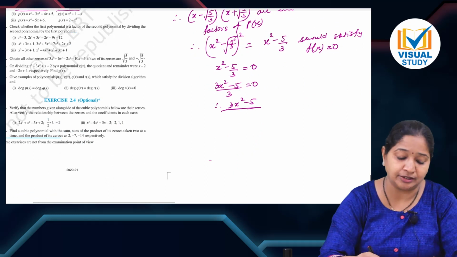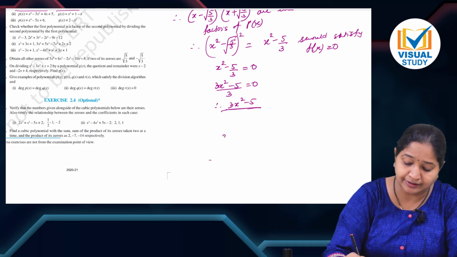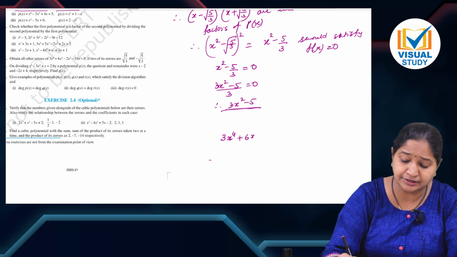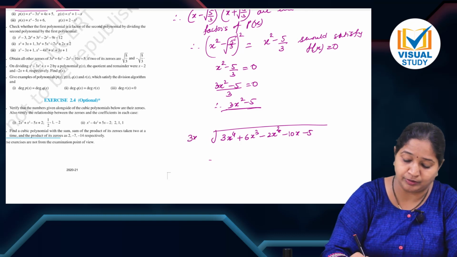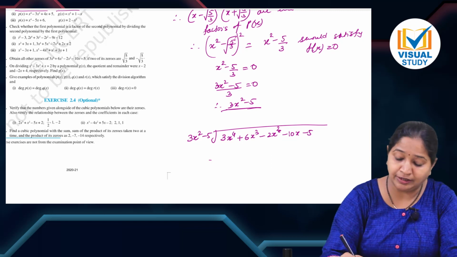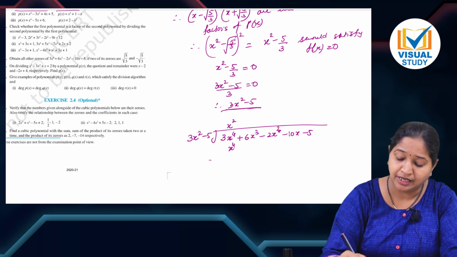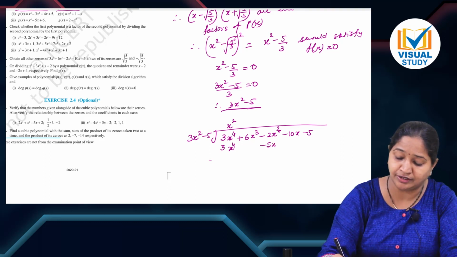Now, with this you can divide the given polynomial. What is your given polynomial? That is 3x raised to 4 plus 6x cube minus 2x square minus 10x minus 5. And your divisor is 3x square minus 5. What you have to multiply is x square: x square into 3x square you get 3x raised to 4, and x square into this you get minus 5x square.